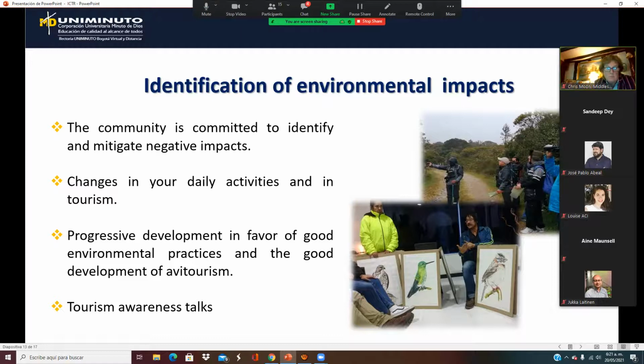And lastly, this is a kind of tourism that people appreciate, because the tourists sometimes want to learn about environmental appropriation and all those things that the tourists find in this activity in a good way.